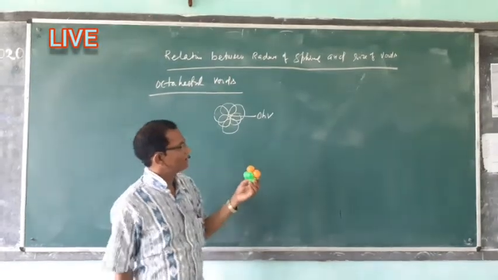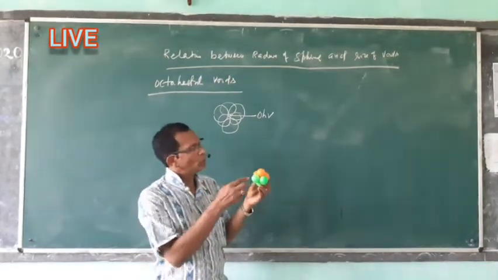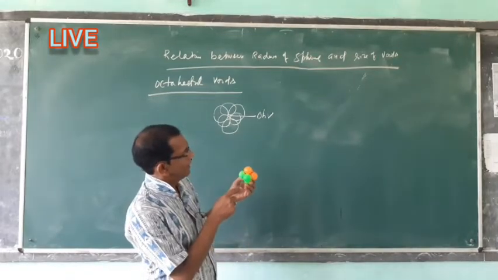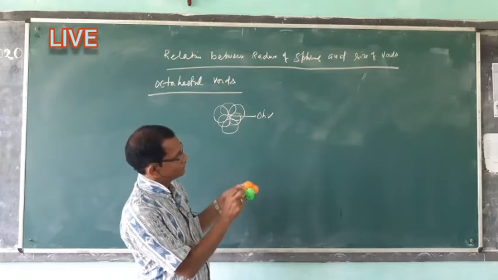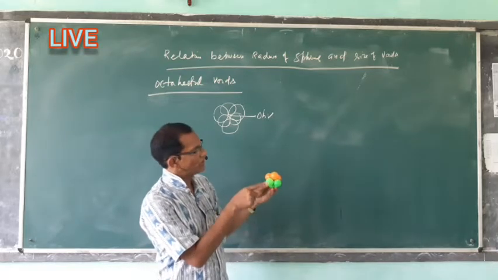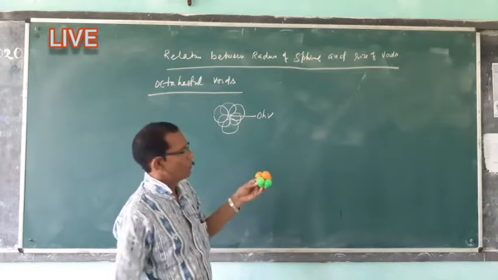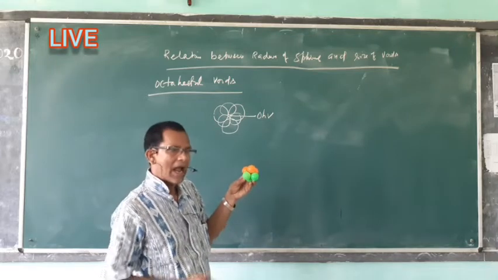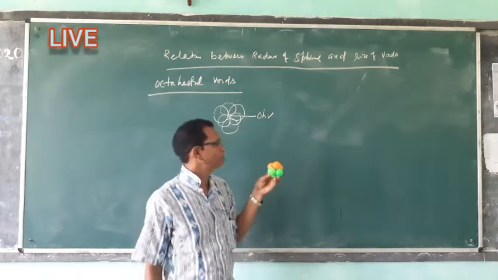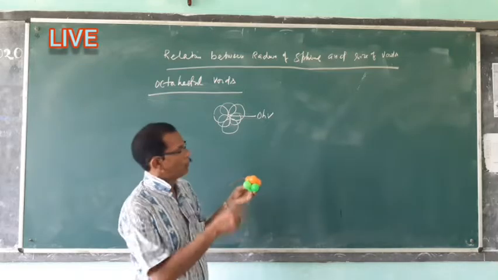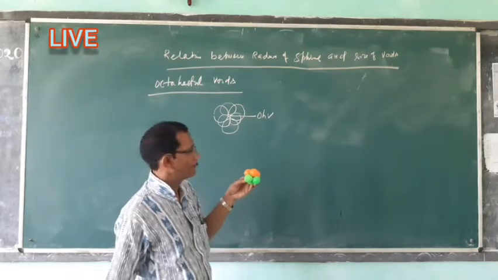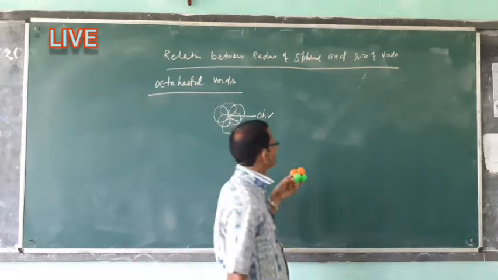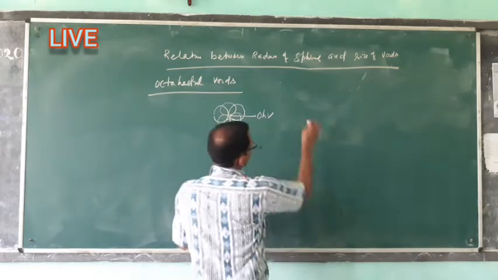If you look at these 6 spheres, 4 spheres are visible towards the front, and at the back another 4 spheres are there. So the void can be represented in the plane like this.